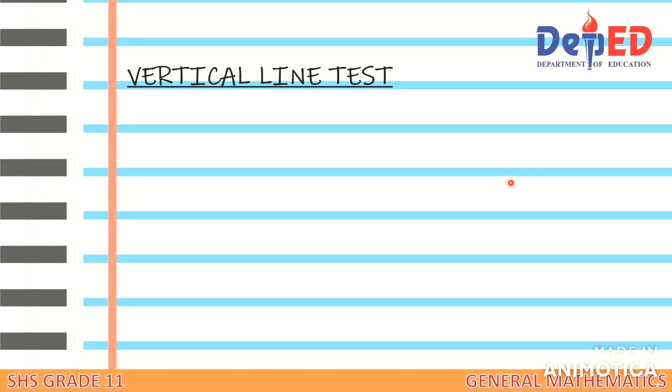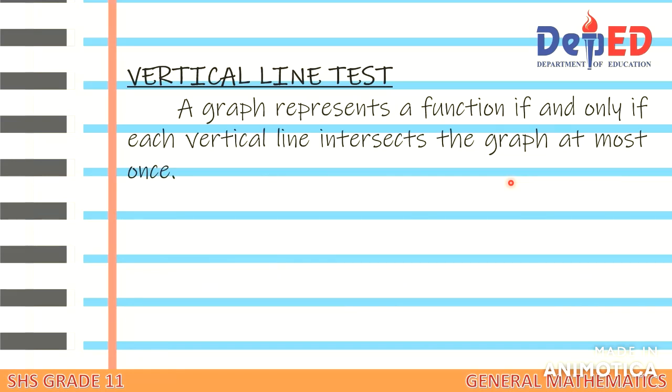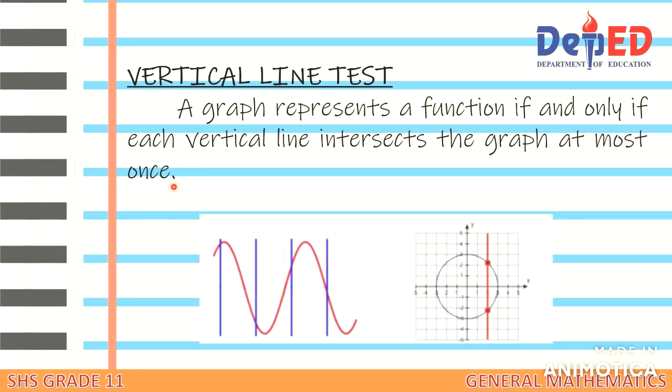Now, let's have the term vertical line test. Vertical line test: a graph represents a function if and only if each vertical line intersects the graph at most once. So it means that if we draw a vertical line in this graph, we must have one point of intersection.